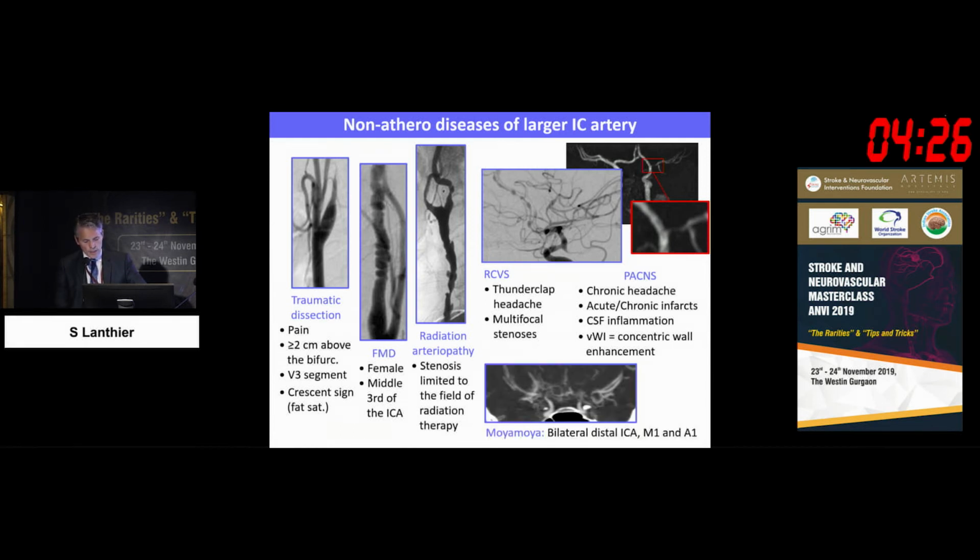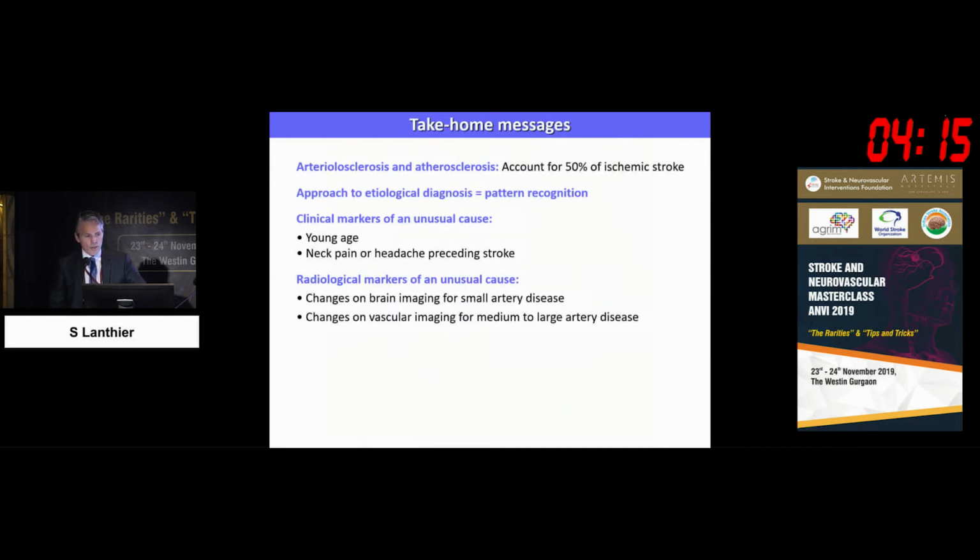This is typical of Moya-Moya disease, as was discussed just before, and typically there's bilateral distal ICA, M1 and A1 stenosis.